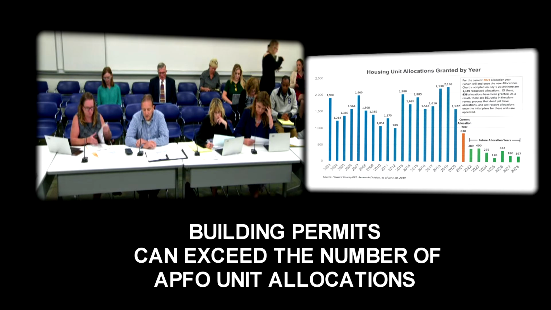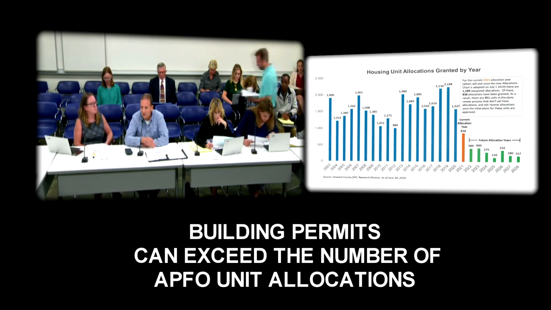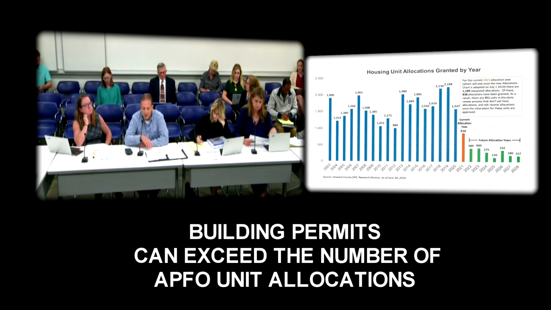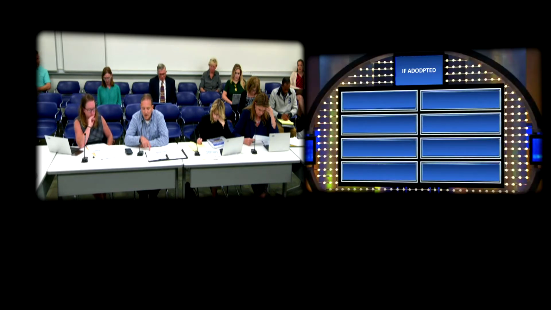In addition to that, there are only an additional 351 units that are requesting allocations that don't yet have allocations. What I mean by that is, as soon as a project comes in, it requests allocations. Then once the project is approved or reaches technically complete status, it takes the APFO test. So far throughout this fiscal year, 838 units have received allocations, and there are an additional 351 housing units that DPZ is reviewing.